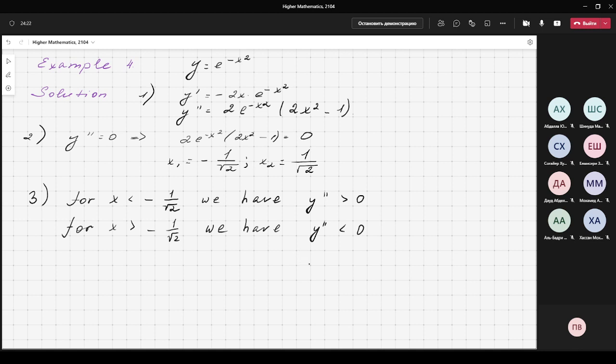The second derivative changes sign when passing through the point x first, hence for x first equal to minus 1 over square root of 2 there is a point of inflection on the curve.